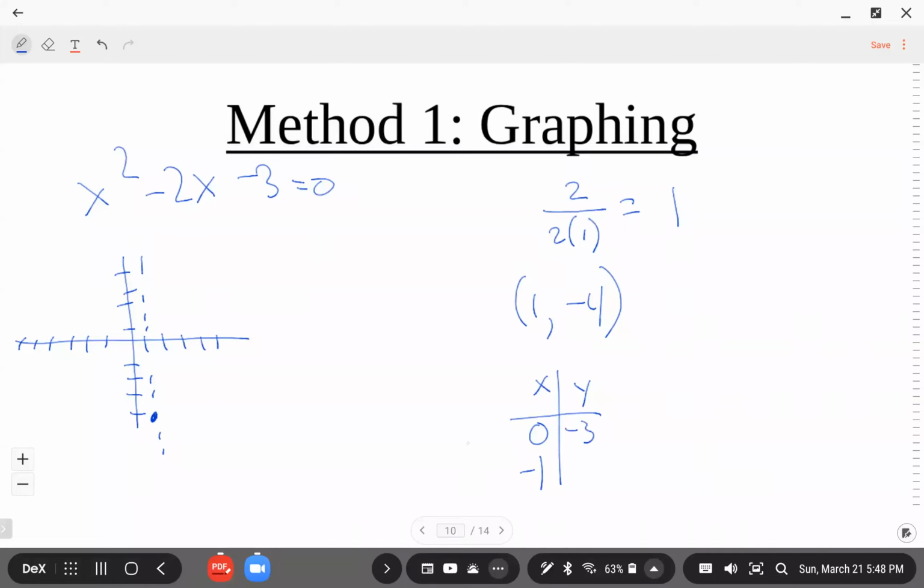Plug negative 1 into here. It's going to be 1 plus 2 minus 3, which is just 0. Forgot to plug this in properly. Then we're just going to plot our points here, and you can do the same for the other side.